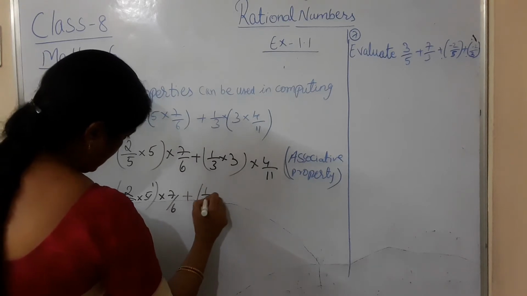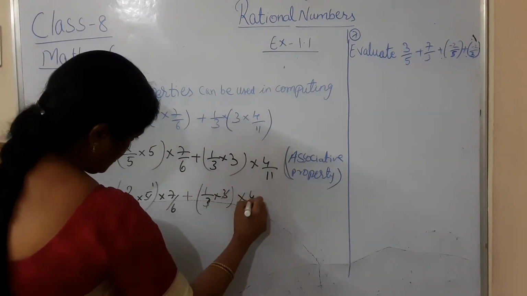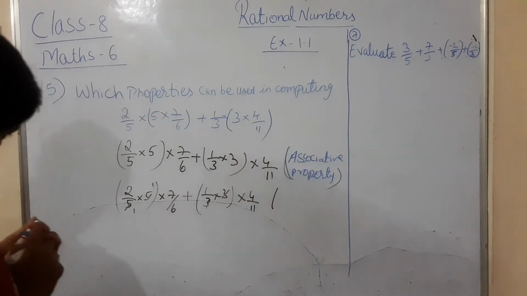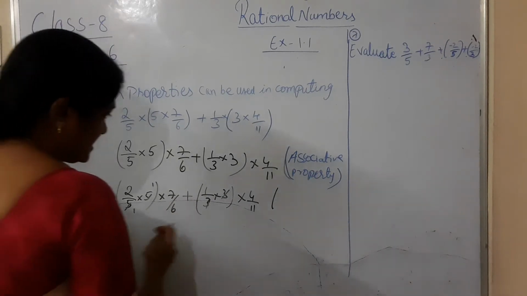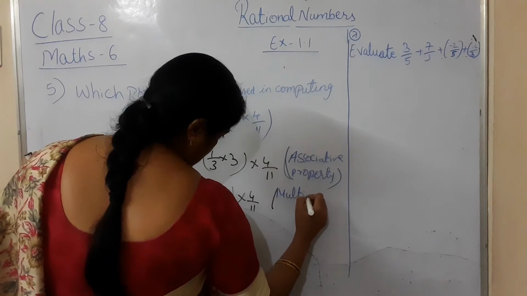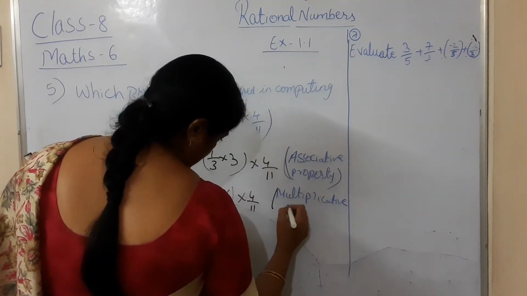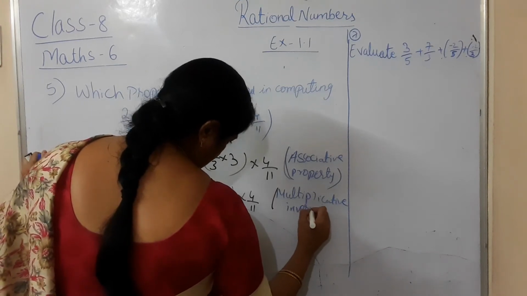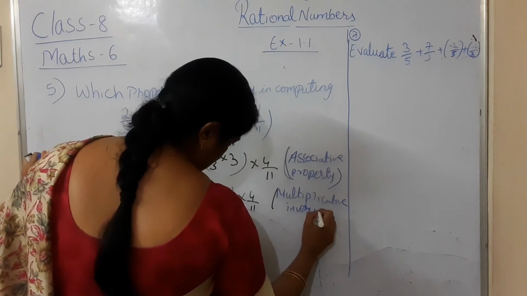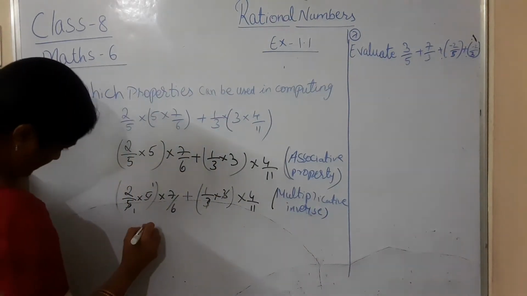Here also 1 by 3 into 3 gets cancelled, into 4 by 11. So what is the property that is being used over here? Multiplicative identity. Sorry, multiplicative inverse. I-N-V-E-R-S-E. The multiplicative inverse.